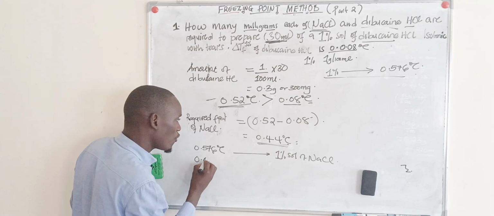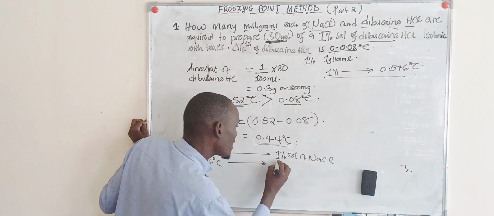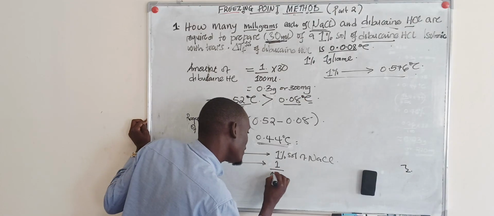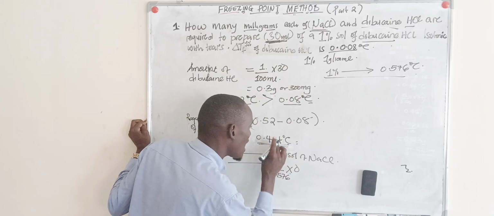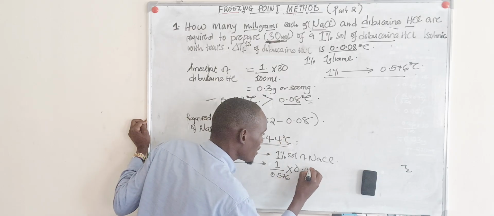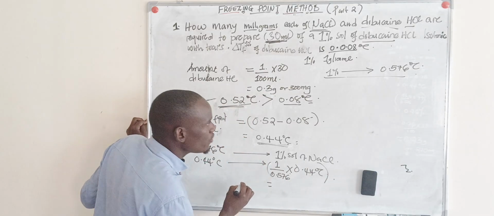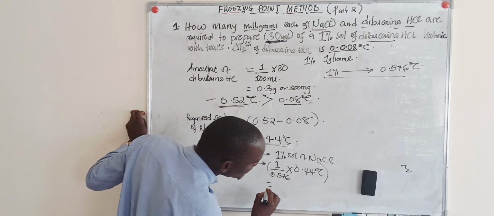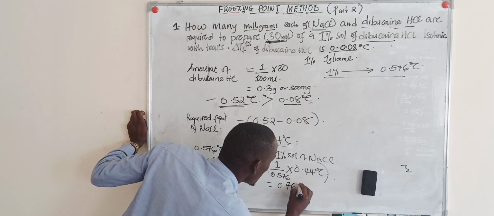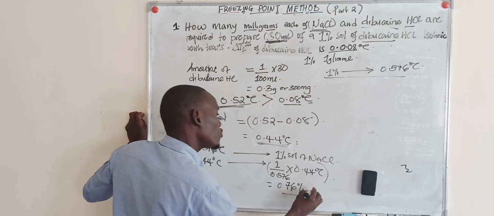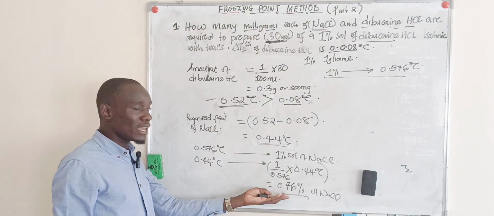So the 0.44 degrees C will be produced by the 1% divided by the freezing point depression of the 1% sodium chloride, multiplied by our remainder, which is the freezing point depression of the isotonicity modifier. And when you multiply this, you realize that we are going to have 0.76% weight in volume solution of sodium chloride. So this is the percentage of sodium chloride that is required.